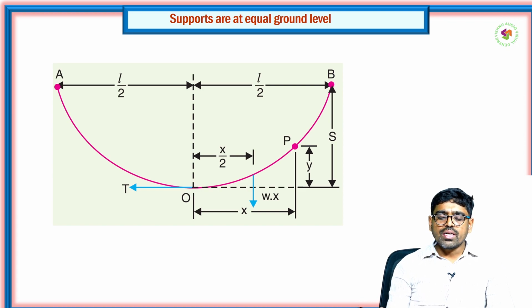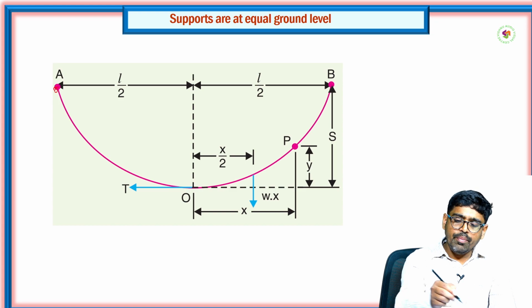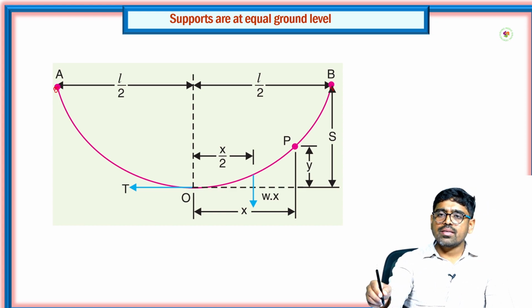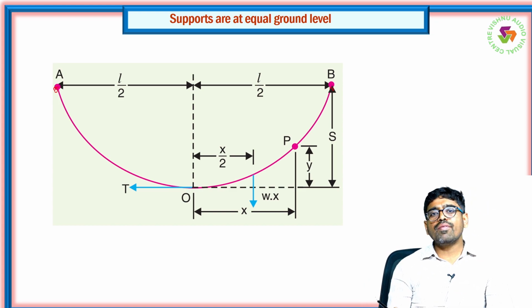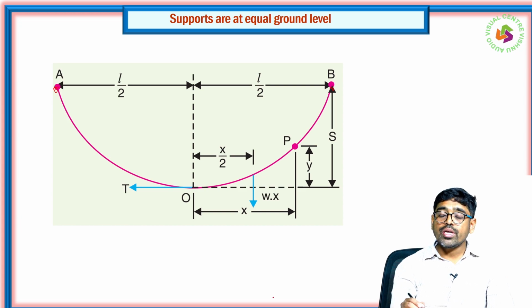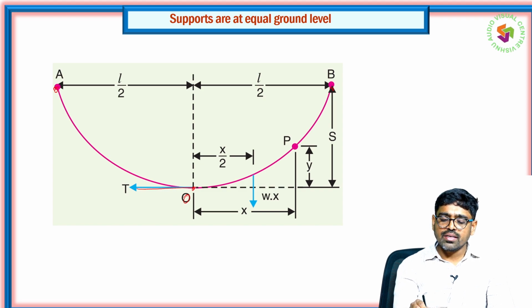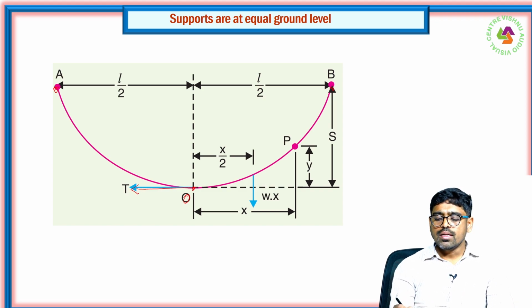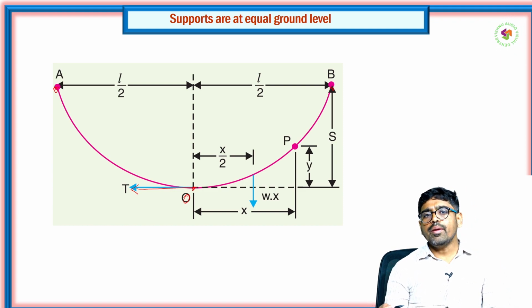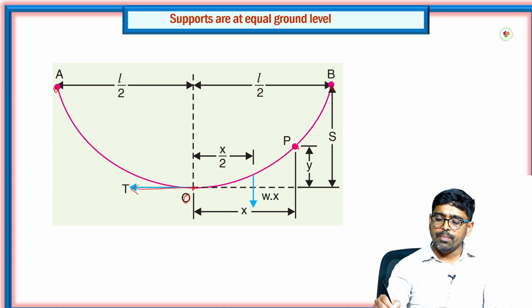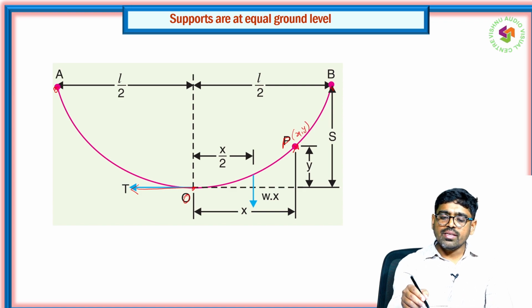So we consider points A and B at equal levels, having a span of length L, and the lowest point of this conductor is O, with tension T in the conductor. We consider an arbitrary point P with coordinates x, y.